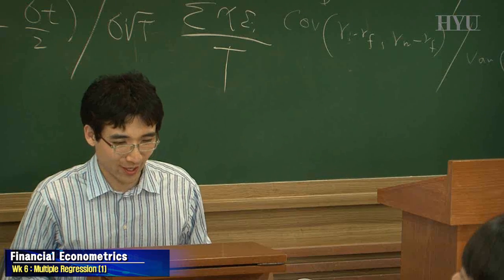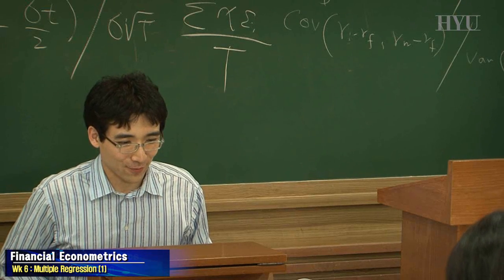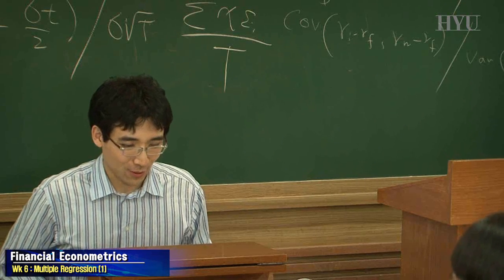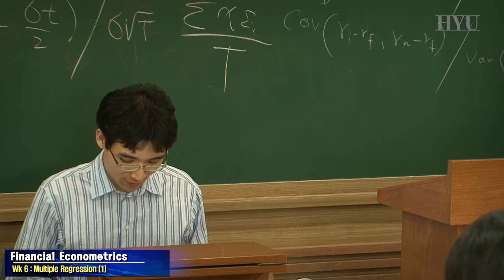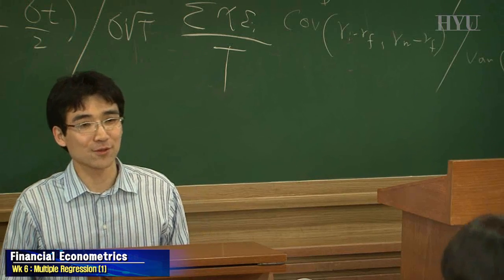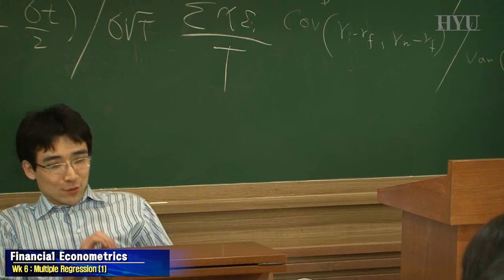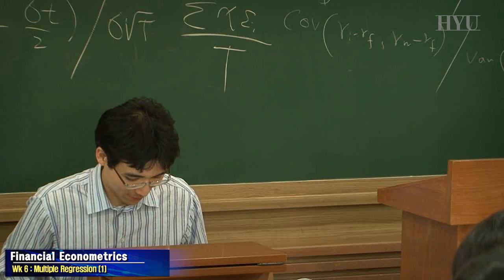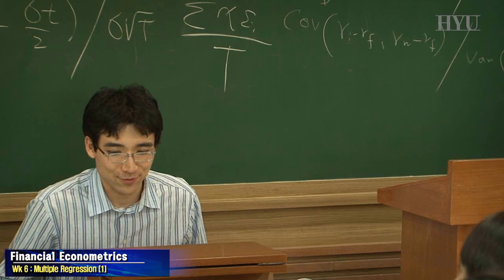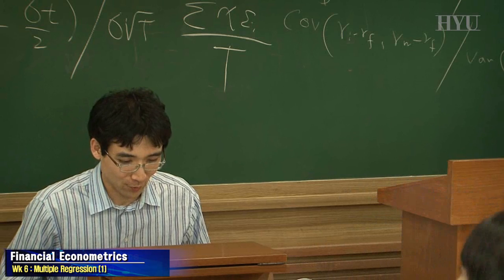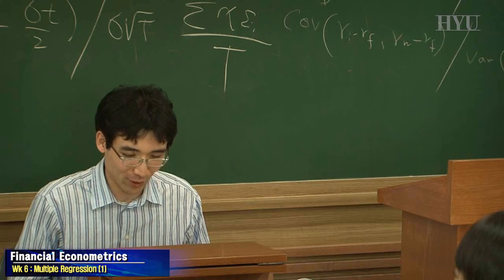They are x, and y is basically the IBM excess return. Okay, so x looks like this and y looks like this.